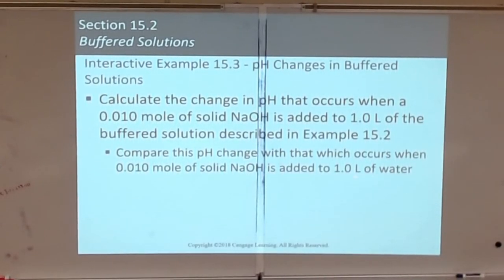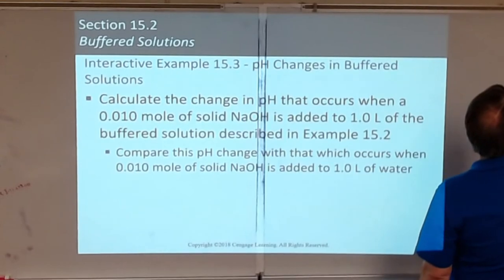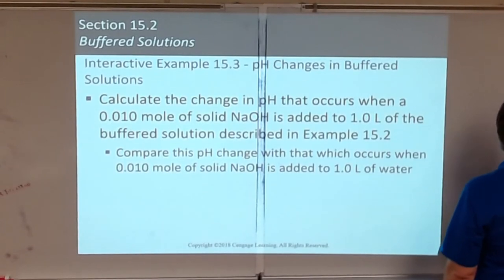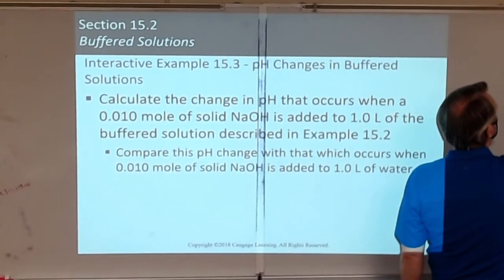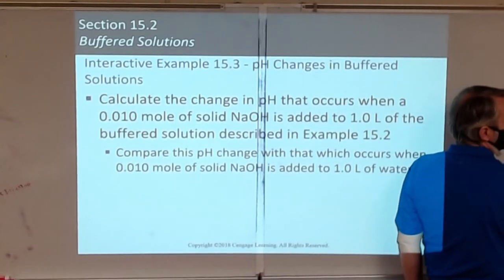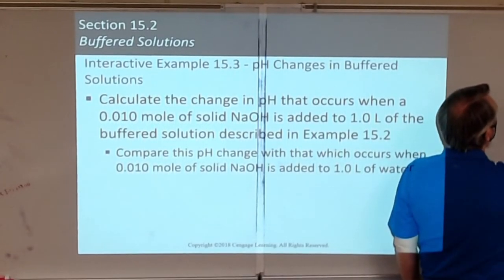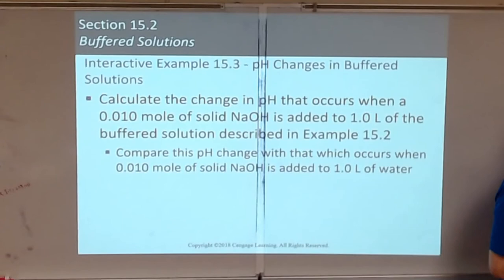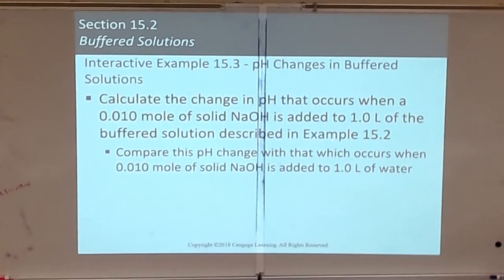If I add that much NaOH to water, the water starts out at pH 7 and goes up to pH what? 12. Y'all good with that? Okay. Do the math and figure out what the pH would be by adding the solid sodium hydroxide.